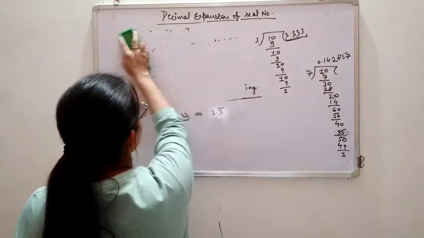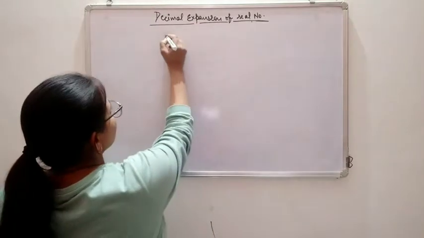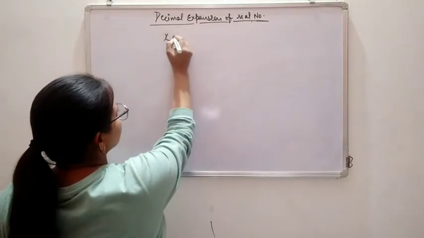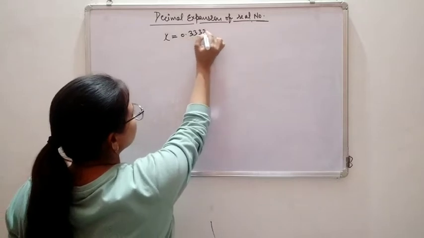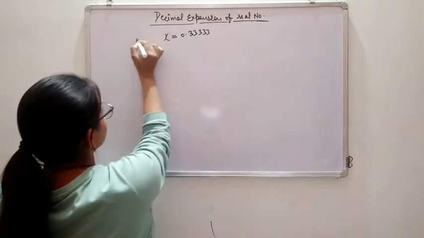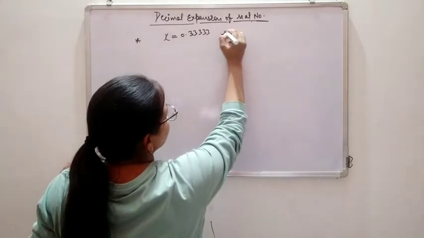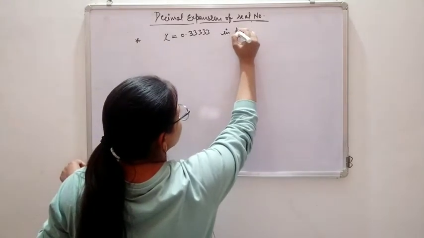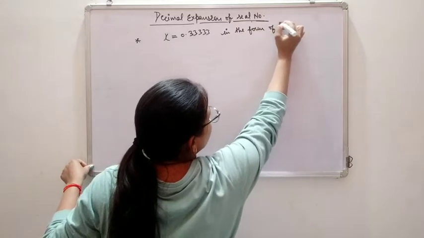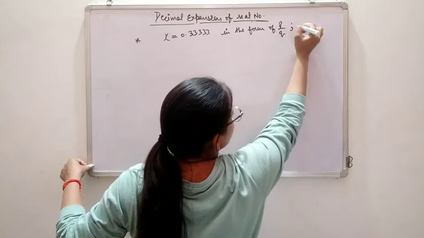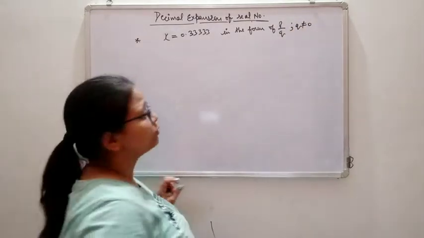If I say there is a number x equals 0.33333 continuing like this, and you have to show it in the form of p by q, where q is not equal to 0, let's try to find out.